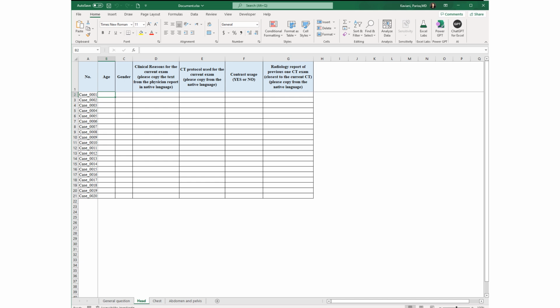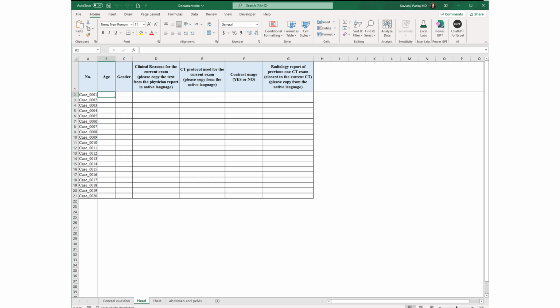But for example, if the current indication is abdominal pain and the previous radiology report is related to lung cancer screening, which means that these are related to two different body parts, you cannot include this case.